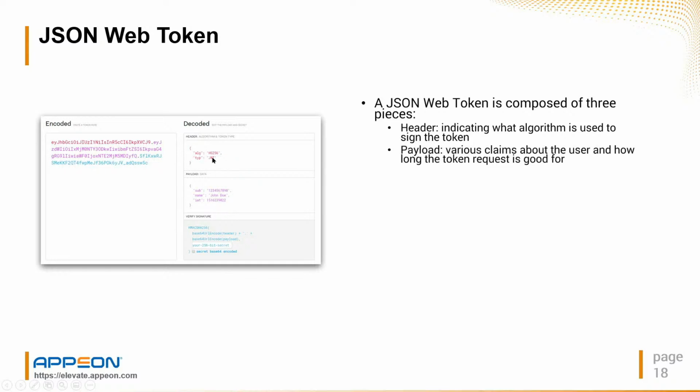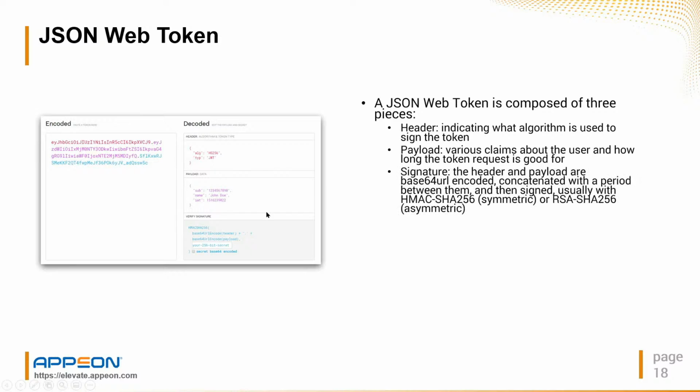And then this type, I've never seen anything other than JWT there. Then there's a payload, that's this section down here, that indicates who the user is and what roles you're claiming they have, and then how long the token is good for. And then down here, notice we're signing it. This is the signature information.